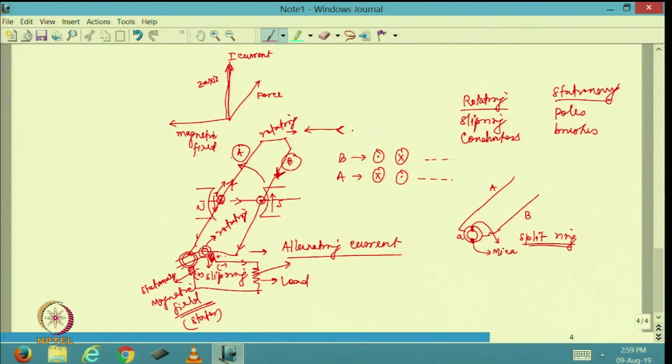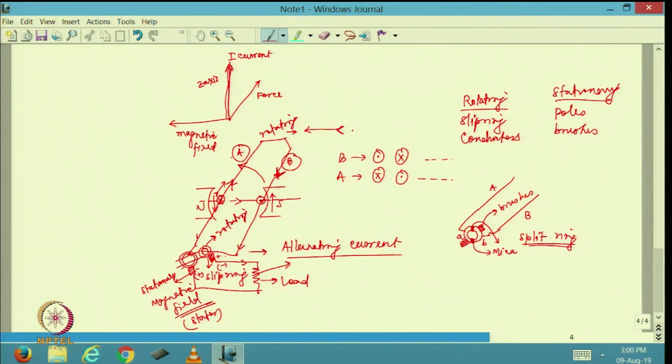So, I am going to have this portion of the split ring known as B. Now, I am going to have one brush, let us say, connected here and another brush connected here. The brushes are made up of carbon which is a little soft material, whereas the split ring will be made up of copper and mica. Mica is meant for insulation and the copper is brazed or welded with the conductors.